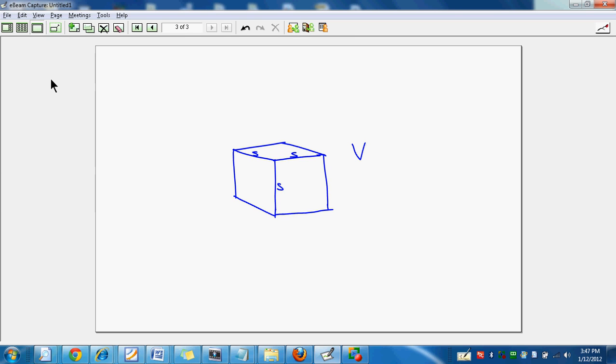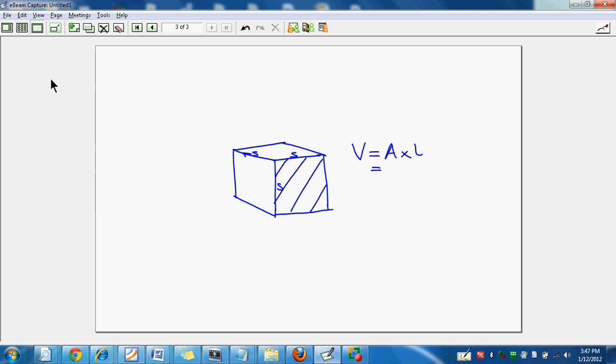So if I were to consider this face here, that face would be a square, right? Because it would have the same dimension, S by S. And it would have that square cross section all the way through if we are going in this direction. It would have that same shape all the way through, same exact square. So this is a prism. Now the volume of a prism is given as A multiplied by L, where A represents the area of the cross section.